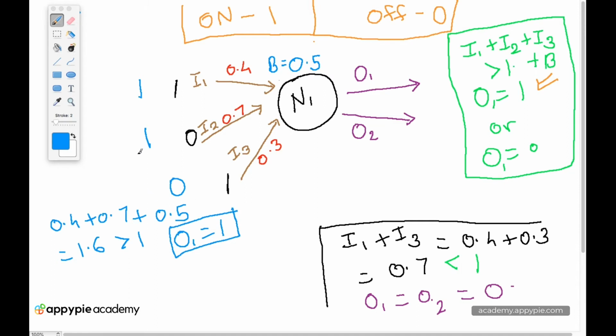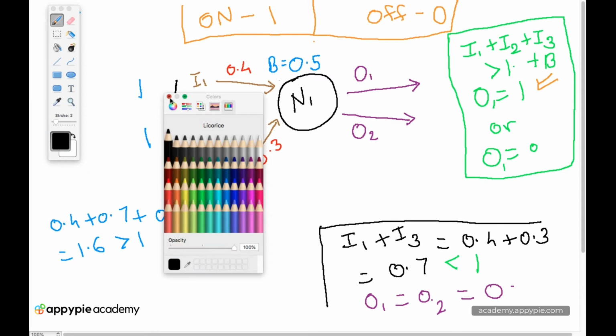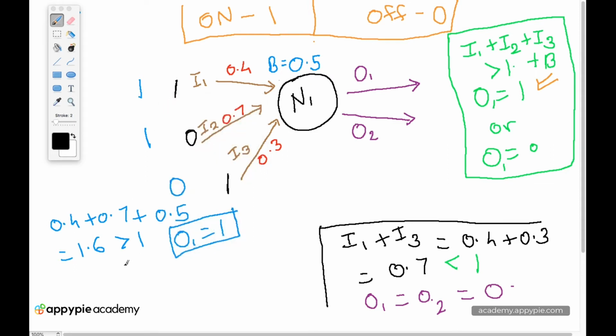Now consider a second case where you have 1 0 1, or you just have I1 and I3 firing. In that case, the value of our rule over here will be I1 plus I3 plus B. So now this is 0.4 plus 0.3 plus 0.5.